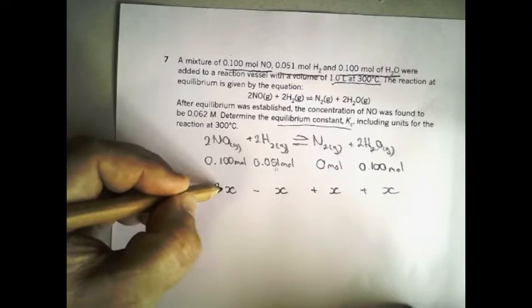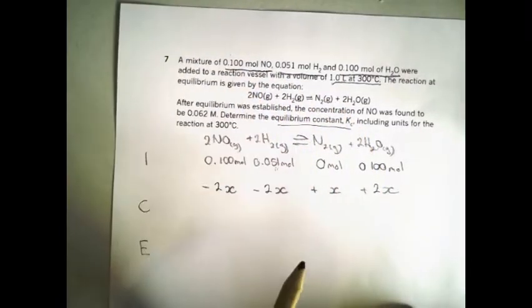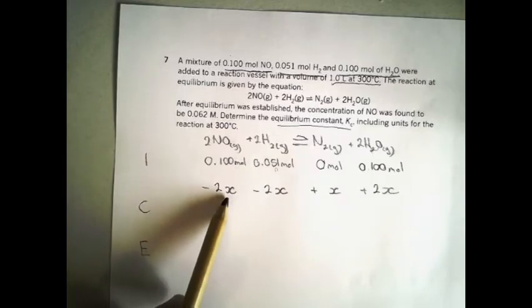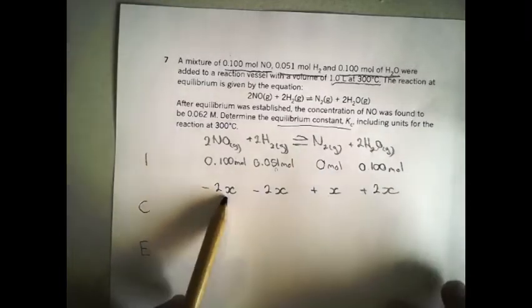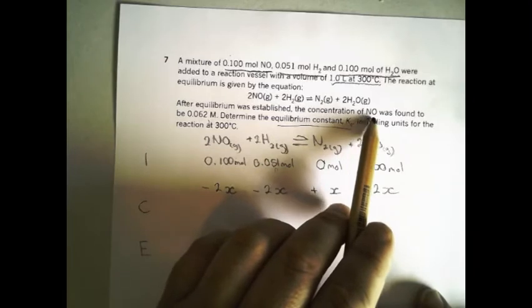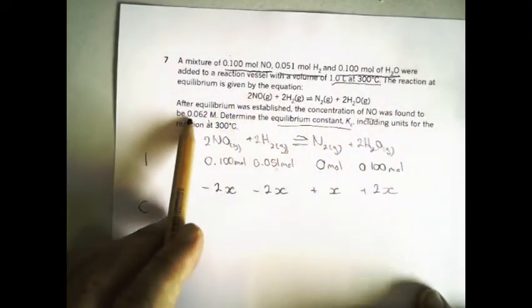So we're going to gain 2X on these ones and 1X on these ones. We got that ratio just from here. But we don't know what X is. We don't know how much of it they're actually going to gain, except for the fact that it gives us here the concentration of nitrous oxide was 0.062 at equilibrium.